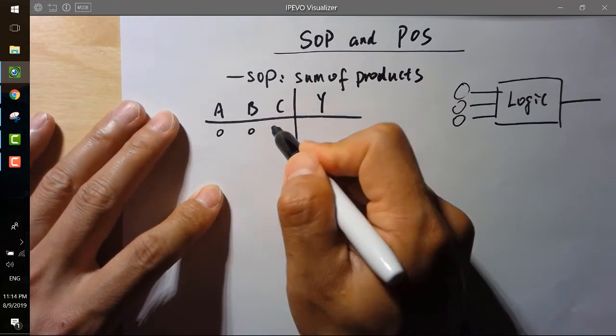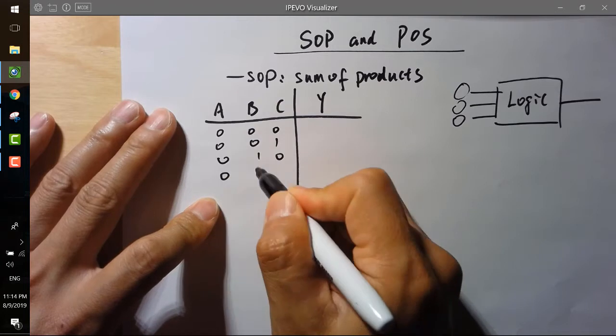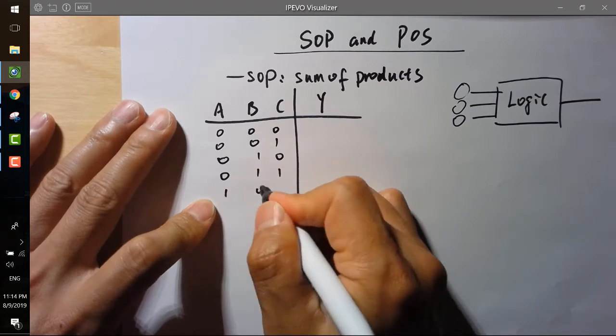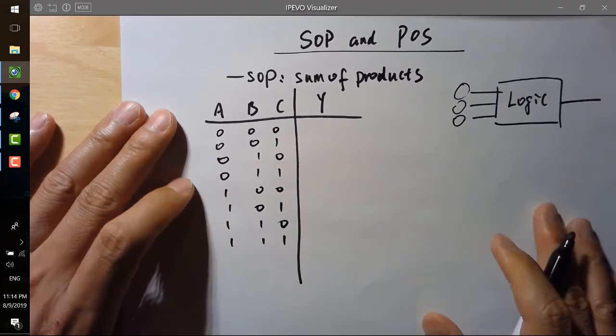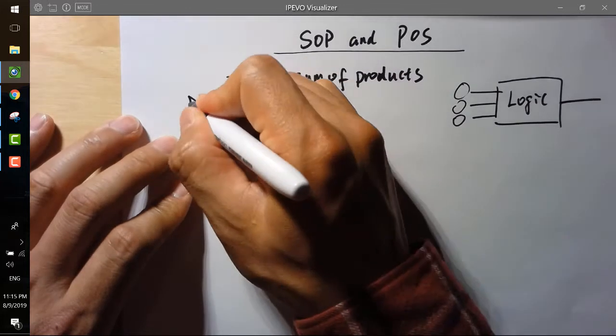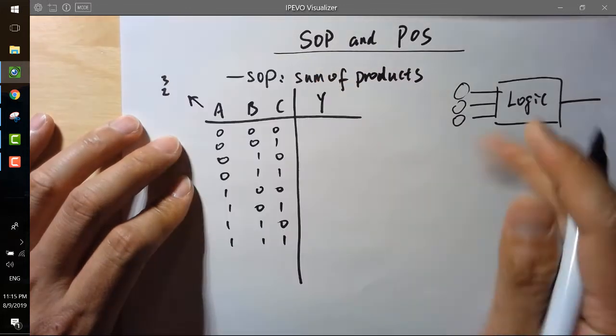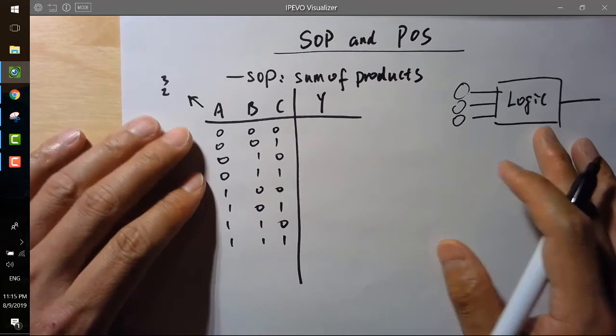They start from 0,0,0, 0,0,1, 0,1,0, 0,1,1, 1,0,0, 1,0,1, 1,1,0, 1,1,1. Totally 8 combinations. It's super simple. You have 3 bits, so it's 2 to the power of 3 combinations for the input.